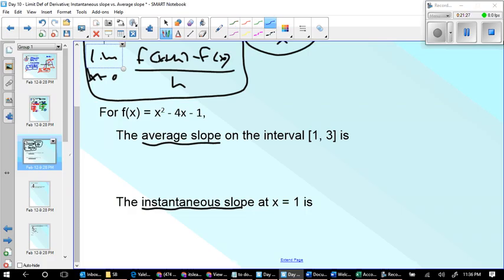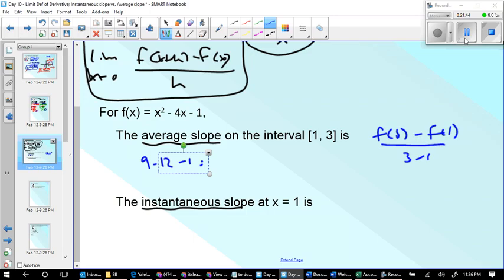Well, average slope, again, is just slope from Algebra 1, so I have f of 3 minus f of 1 all over 3 minus 1. Let's see, f of 3, I get 9 minus 12 minus 1. 9 minus 12 is equal to negative 4.